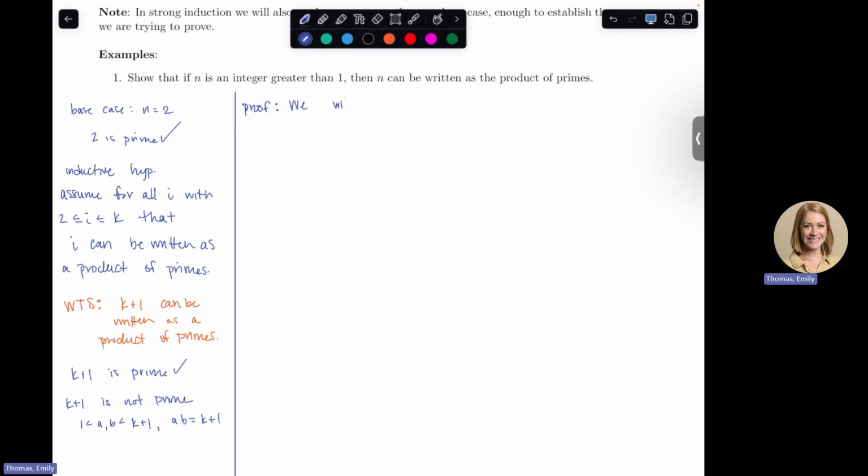Proof. We will prove by strong induction that for every integer n greater than 1, n can be written as a product of primes.